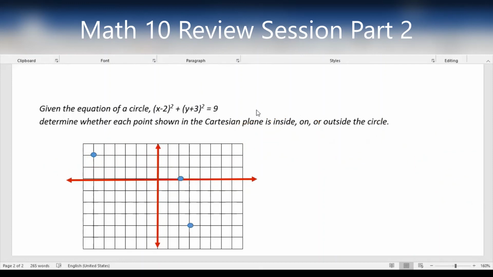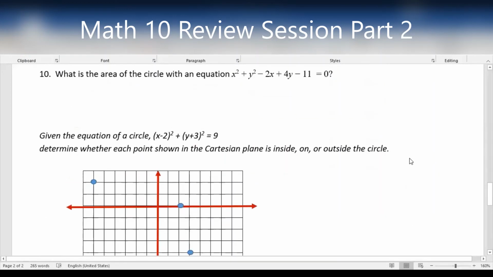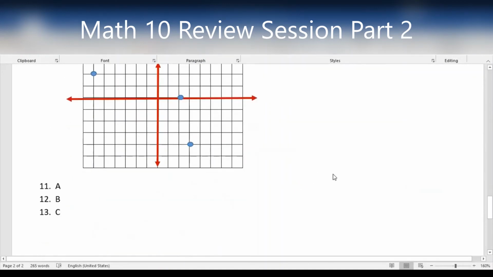Yan. Given the equation, sige, hindi na ako magtatanong sa inyo para mabilis na. Let me just discuss. Given the equation of the circle, determine whether each point shown in the Cartesian plane is inside, on, or outside the circle. Parang hindi ko nalagay.